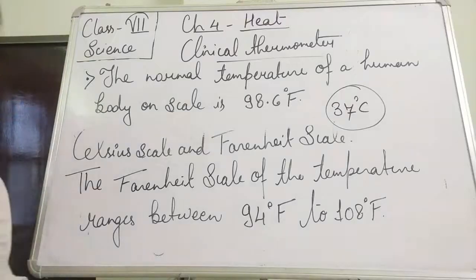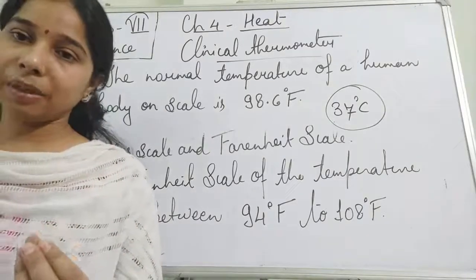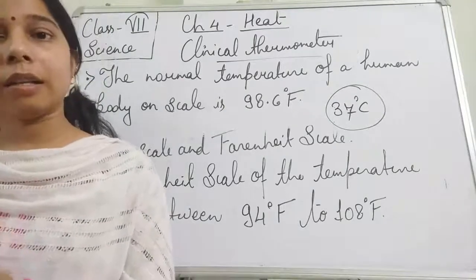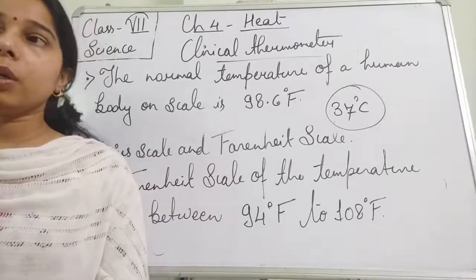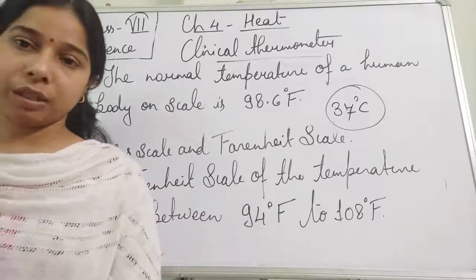Now what happens when we keep this clinical thermometer under our tongue, then it starts rising. How does it work, students? We know that mercury is very sensitive to heat.